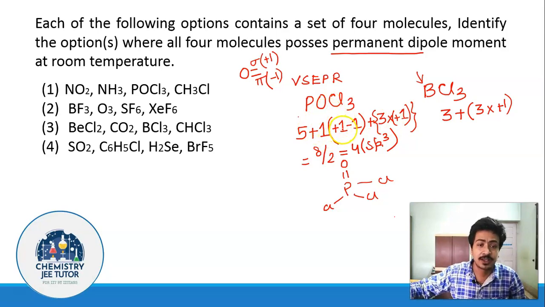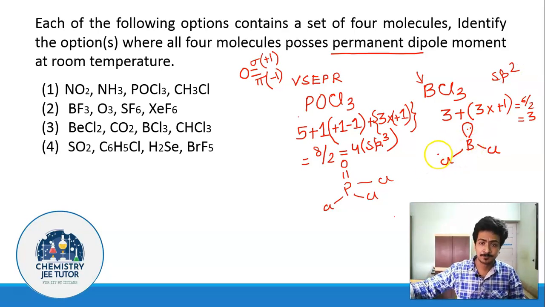Oxygen atom forms one sigma bond and one pi bond, that's why it is +1 and -1. Sigma bond contributes +1 and pi bond contributes -1. So in this case we are going to get 3 plus 3 equal to 6, 6 by 2 is 3, so we are going to get sp2 hybridization. sp2 hybridization means planar trigonal structure like this. The third site has to be occupied by a lone pair.